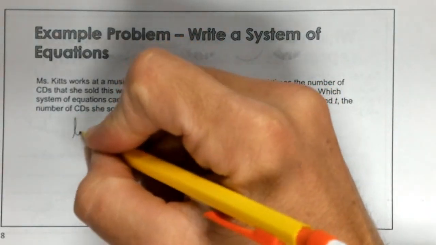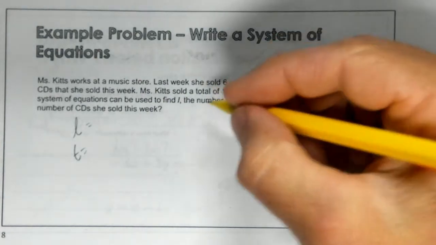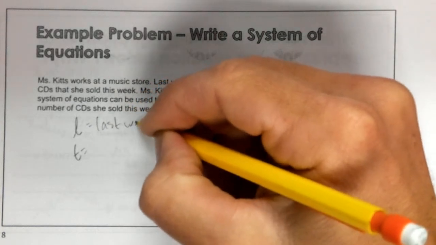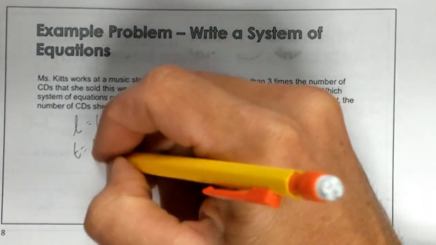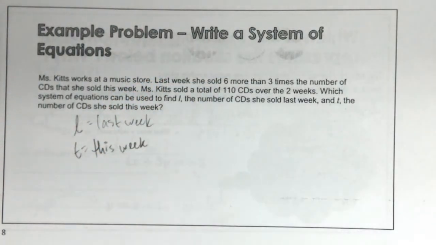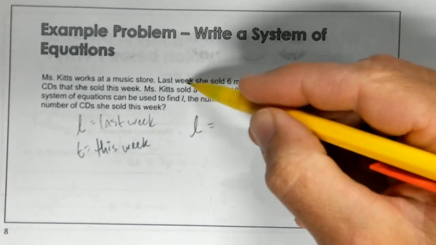Now, if it's me, I'm always going to denote my variables. So what does L mean? L is the number of CDs she sold last week, L for last week. T is the number of CDs she sold this week, T for this week. So L, last week, she sold what?